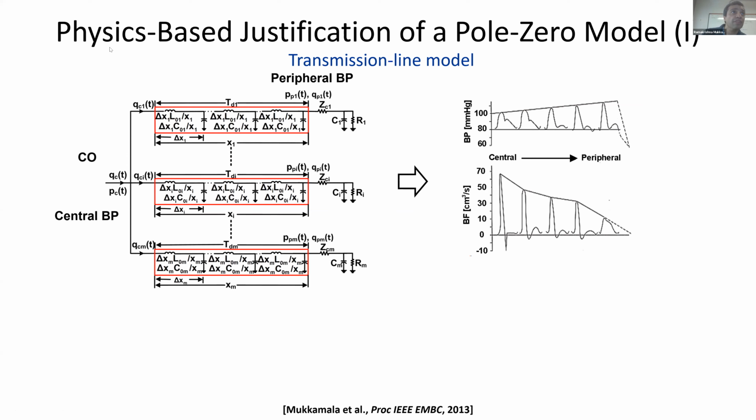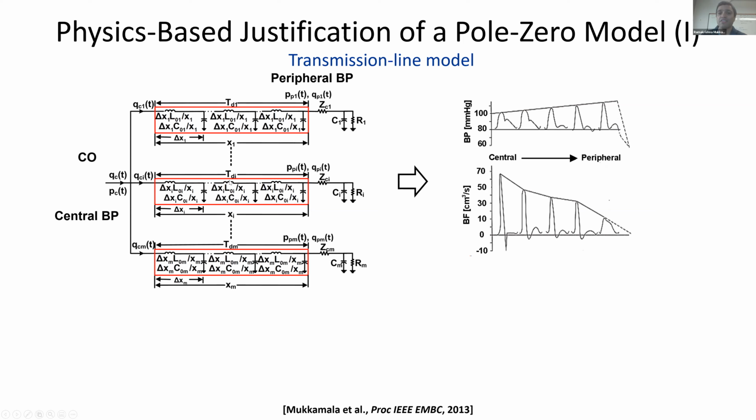So waves traveling on a transmission line in the forward direction are reflected in the backward direction at the terminal load. And the blood pressure and blood flow rate at any point on a line arises by adding or subtracting the waves after time shifting to account for the pulse transit time.